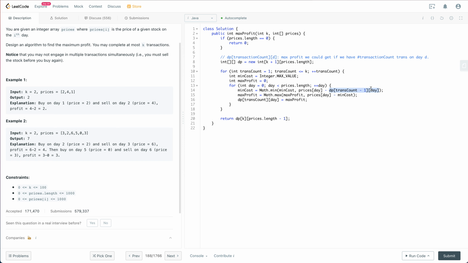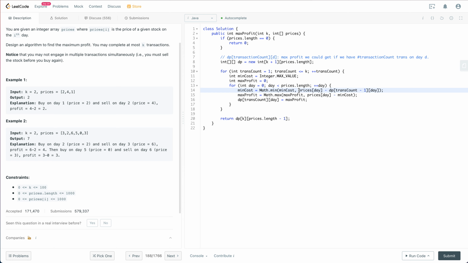So this one means if we perform transaction count minus 1 transactions on the current day, what is the maximum profit we could get? So we need to make use of this profit to reduce the cost we buy the stock.